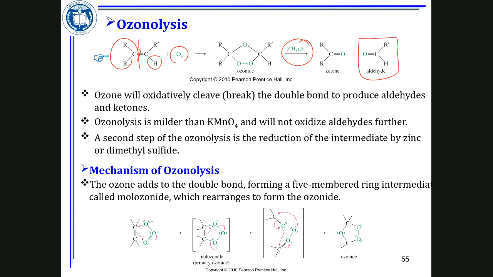So you have the 3 oxygens here. One would go to the ketone, one would go to the aldehyde, and one would change the solvent to sulfoxide. So the dimethyl sulfide would change to dimethyl sulfoxide, and you're going to keep the aldehyde as aldehyde.